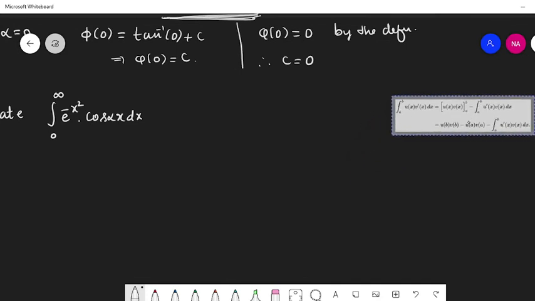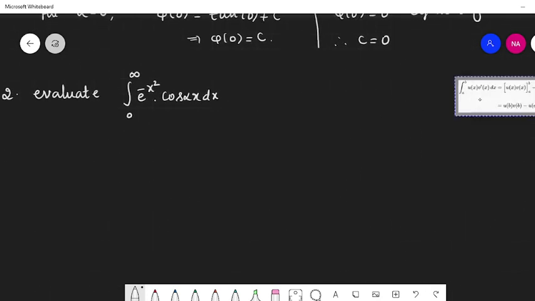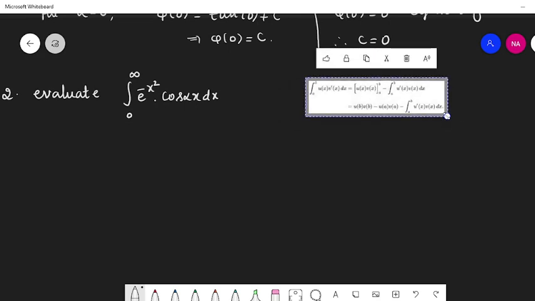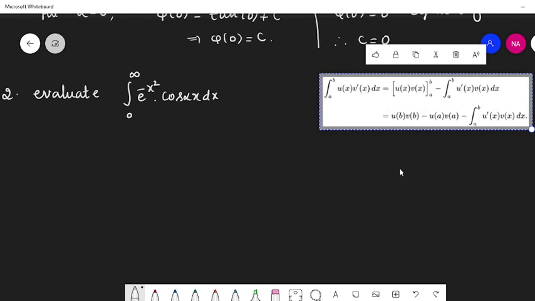Two important points you have to recall to solve this problem. One is the rule of integration by parts. Integral u v dash dx equals u into integral v. First function is u, integral of second function is v.